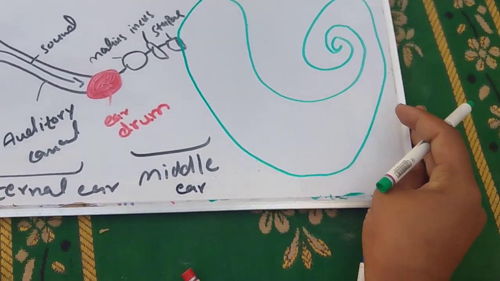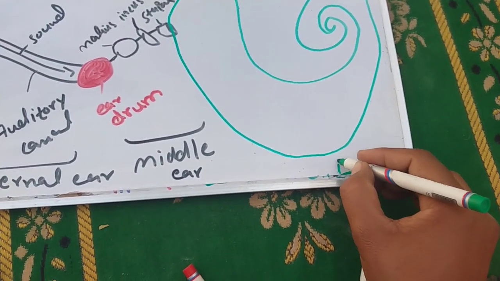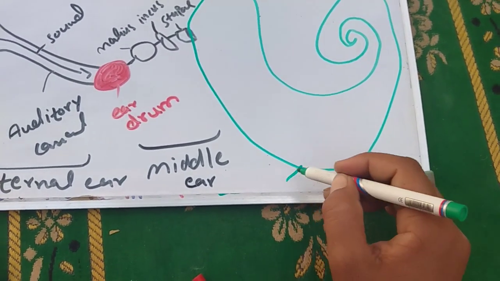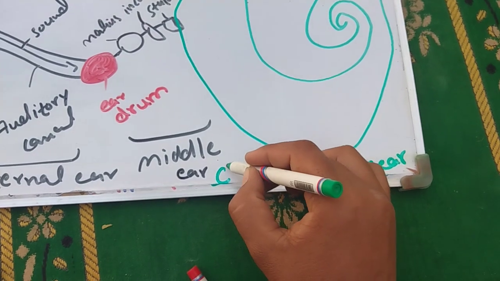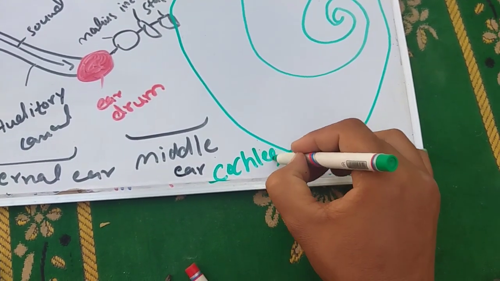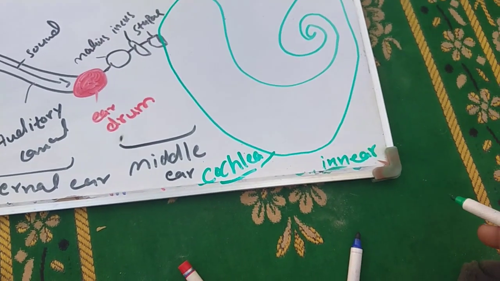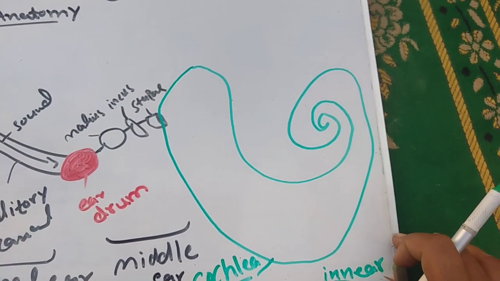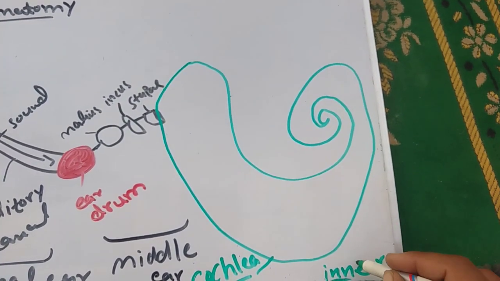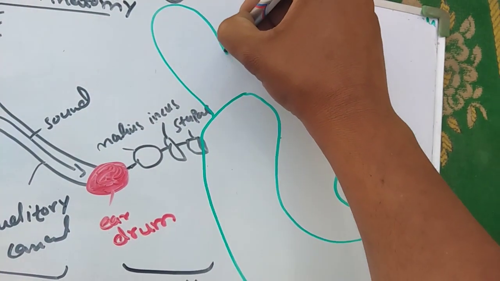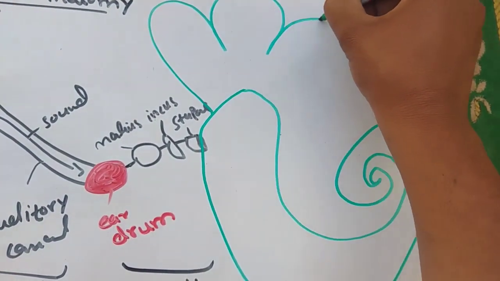The inner ear consists of the cochlea, and also the semicircular canals.